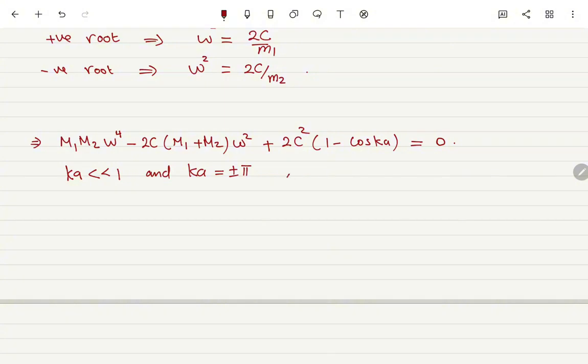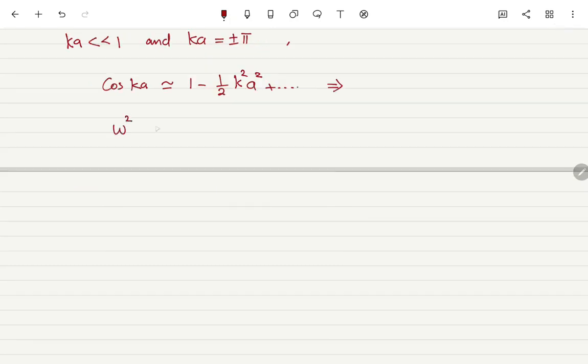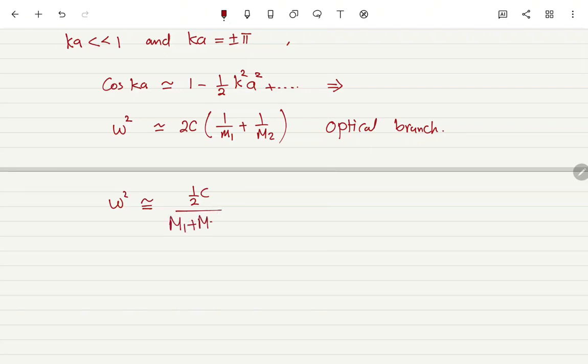Now for small Ka, we have here cosine Ka approximately equal to 1 minus half k square a square plus etc. Now for that reason, omega square approximately equal to 2c(1 over m1 plus 1 over m2), and this is actually an optical branch, and omega square approximately equal to half c over (m1 plus m2) k square a square, and is actually the acoustical branch.